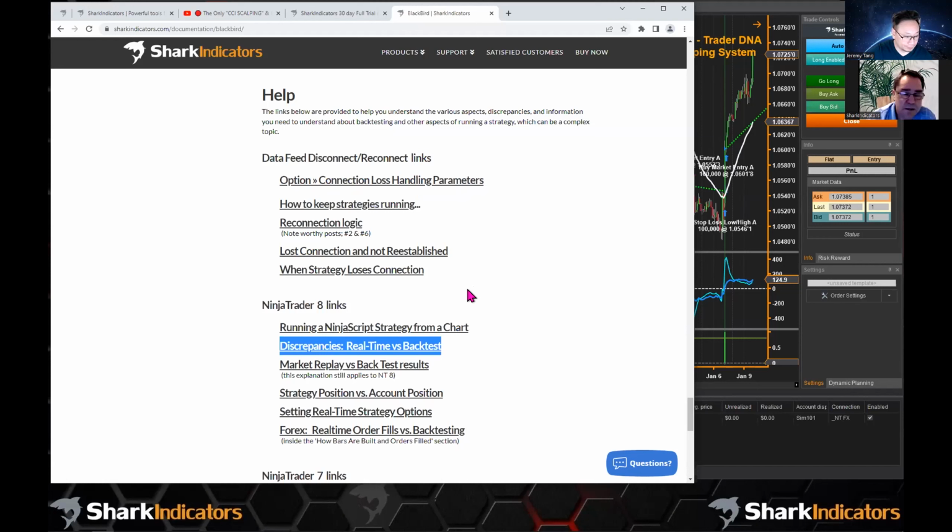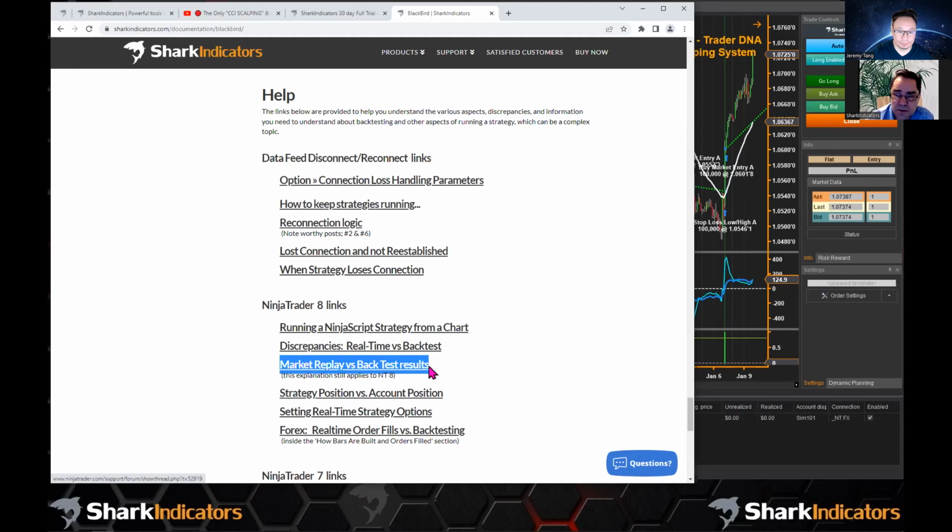These are some links to NinjaTrader's documentation to explain some of those backtest discrepancies. This is probably the most common one that people will eventually discover: the discrepancies between real-time versus backtesting, or market replay versus backtest results.